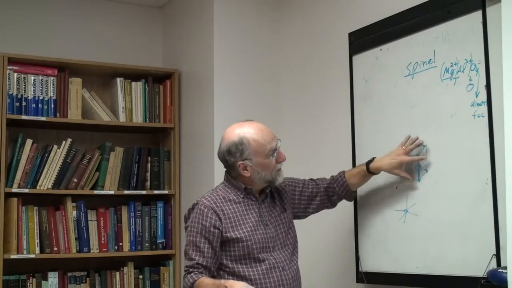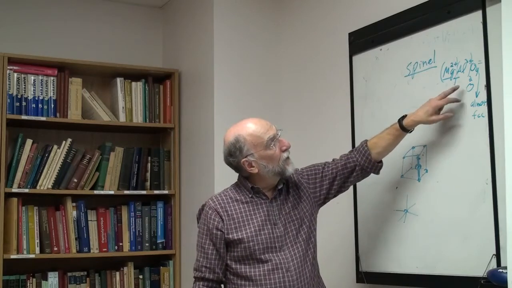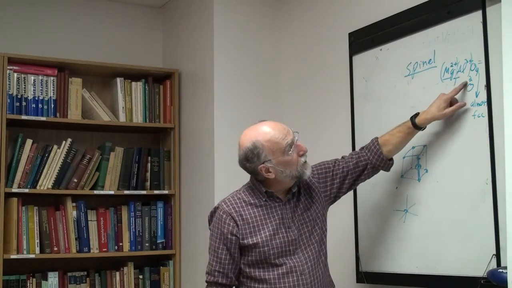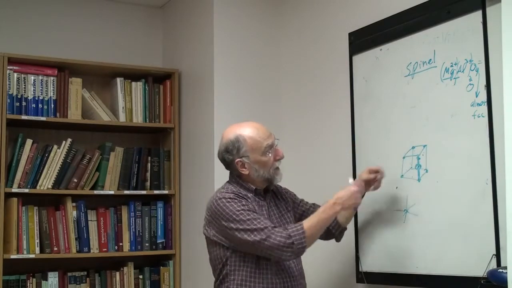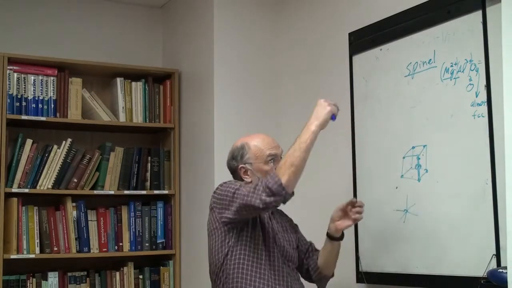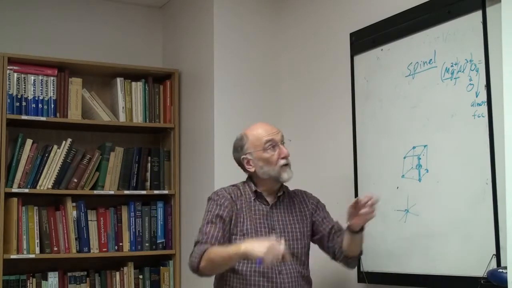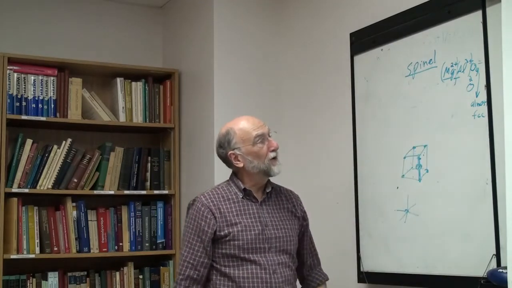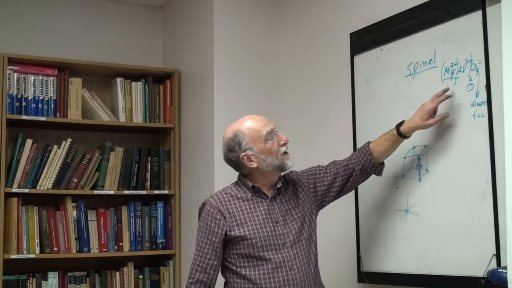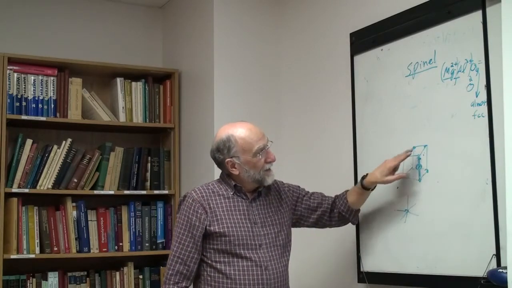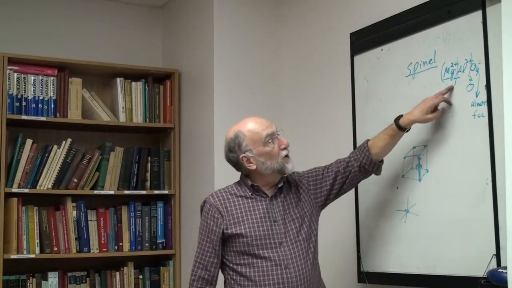In a face-centered cubic you have four octahedral sites, but only 2 are occupied by the aluminum, the other 2 are vacant. These are not random, but special octahedral sites. There are 8 tetrahedral sites in the face-centered lattice, and only one of them forms this sublattice.